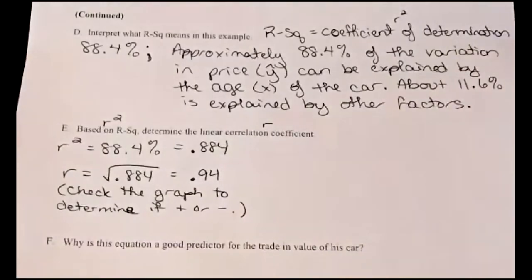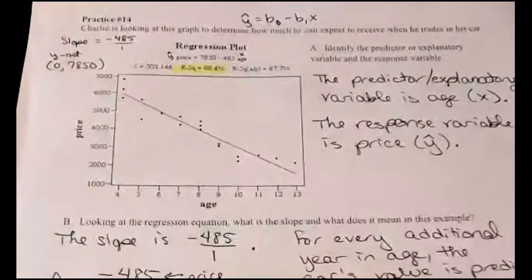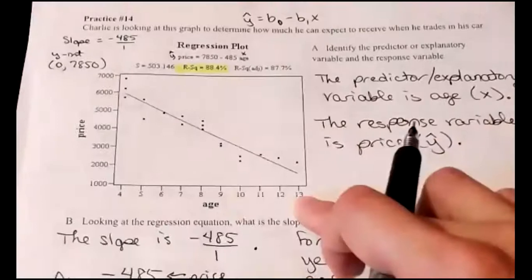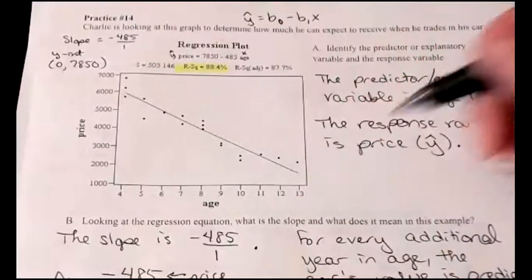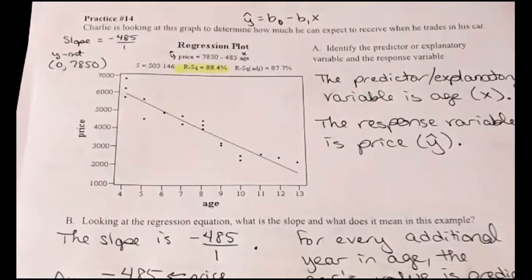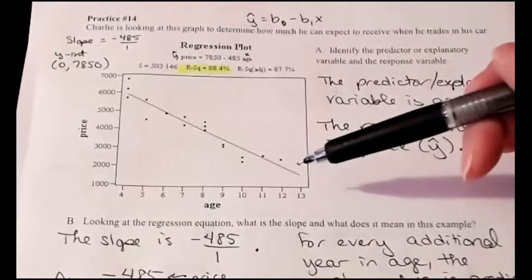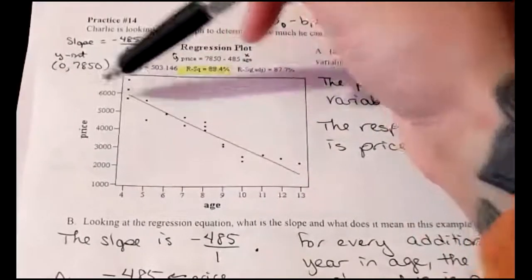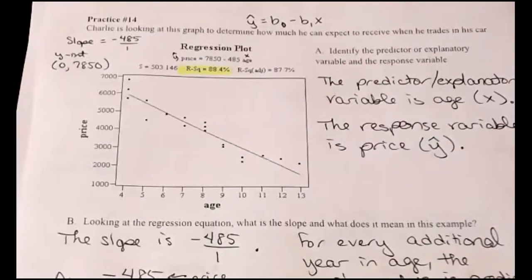And I'm going to cover this for a moment. Notice that as age increases, price decreases, which means our Pearson correlation coefficient will be negative.